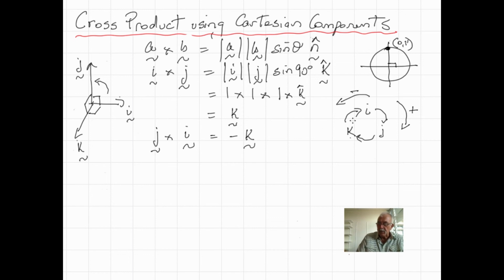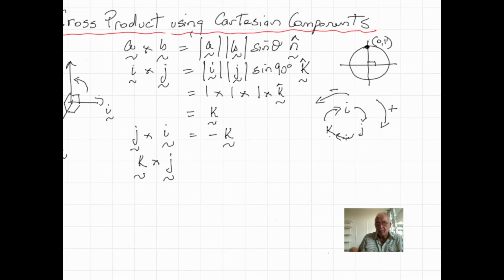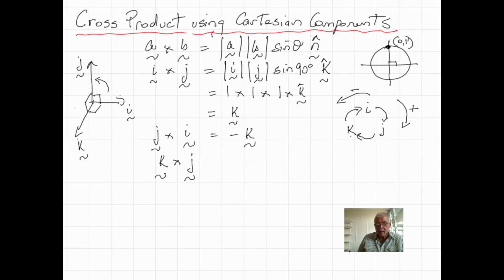Likewise, you can combine these in lots and lots of ways. So if we did k cross with j, we're starting here. We go to j, and we're going to get an i, but we want to know whether it's positive or negative.